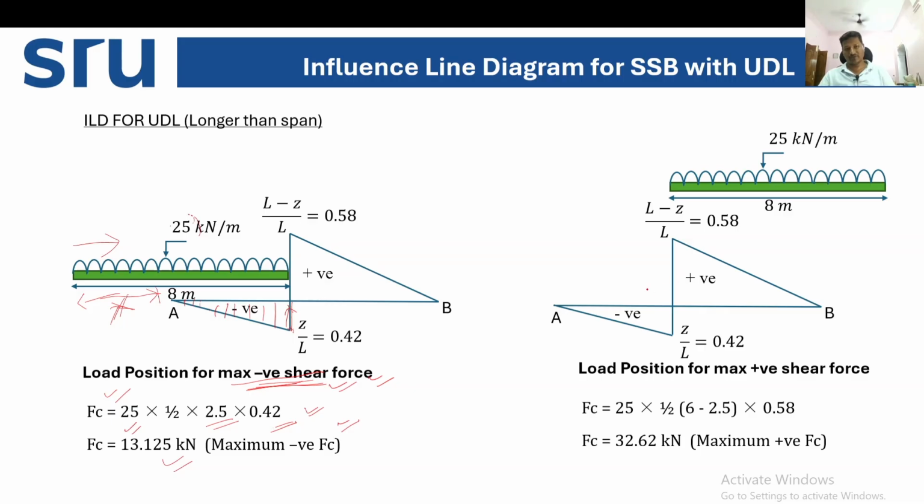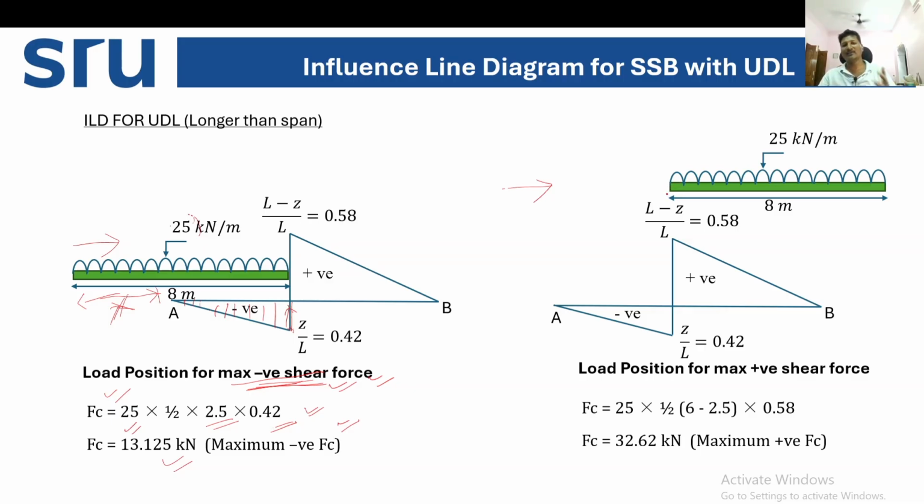If you go for the maximum positive shear force, in a similar way the load is moving from left to right. Just imagine when we'll get the maximum positive shear force. The case will be when the tail, that is the total UDL, will be on the positive triangle.